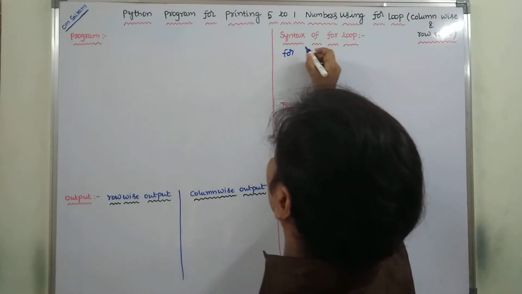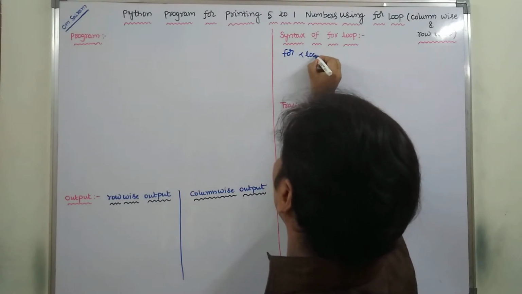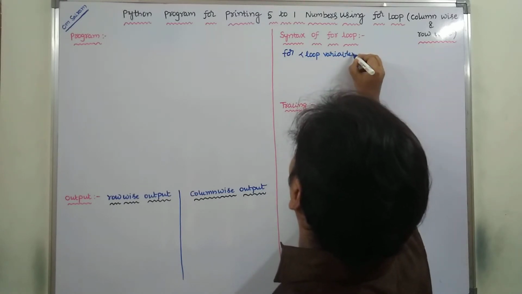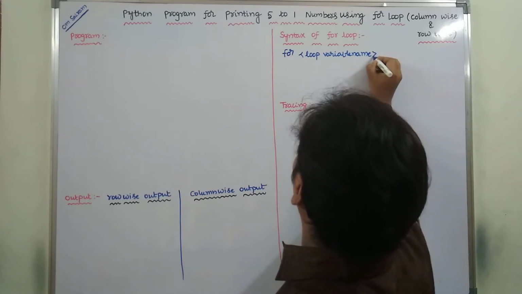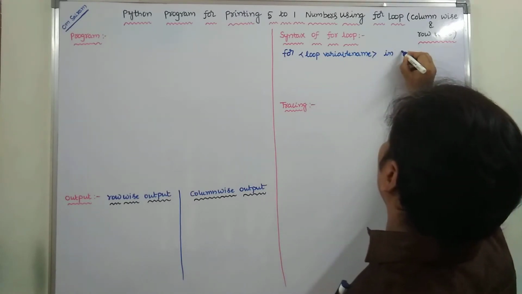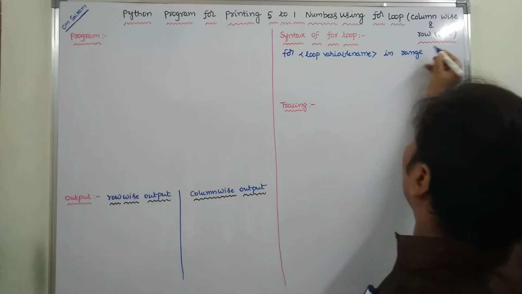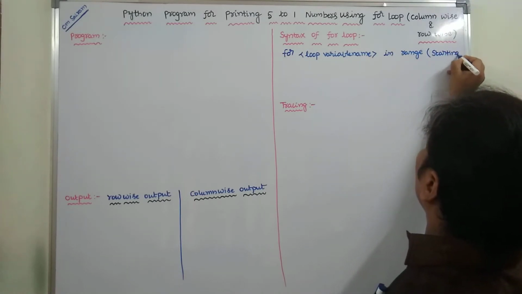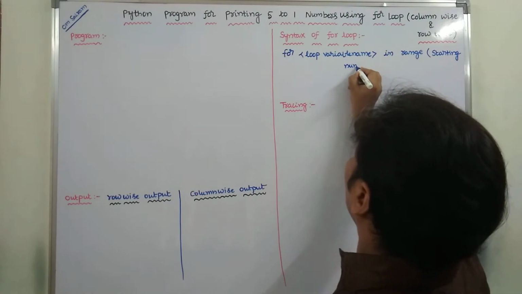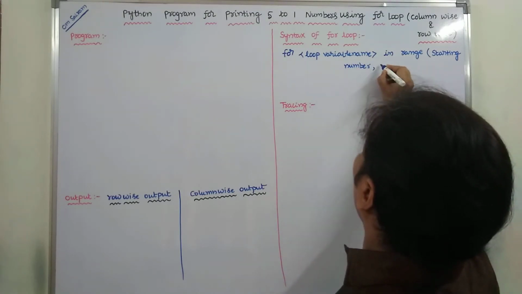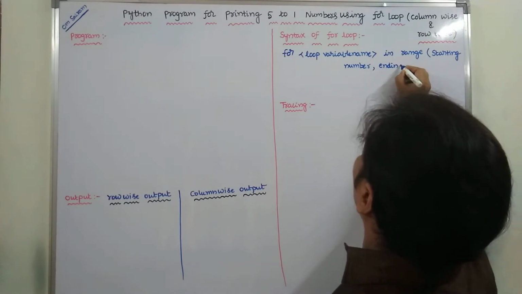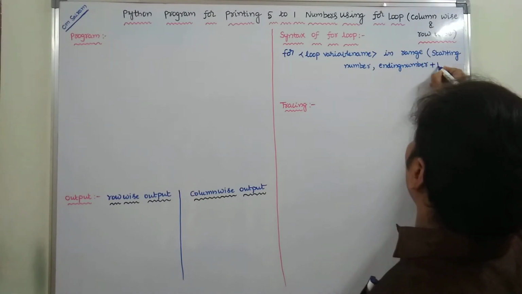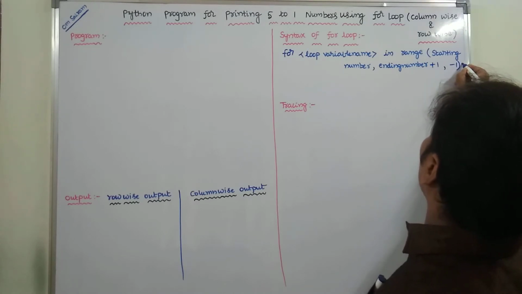First, for, this is a keyword, and next one is the loop variable name, comma, in, range, comma, starting number, comma, ending number plus 1, comma, minus 1, put colon.